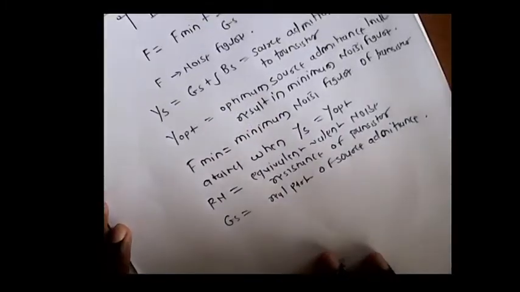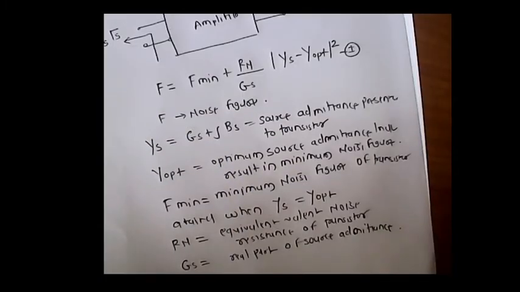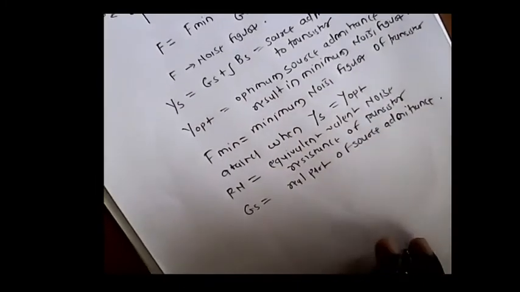So these are the various definitions related to the noise figure: F minimum, R n divided by G of S, and Y of S equal to Y optimum.